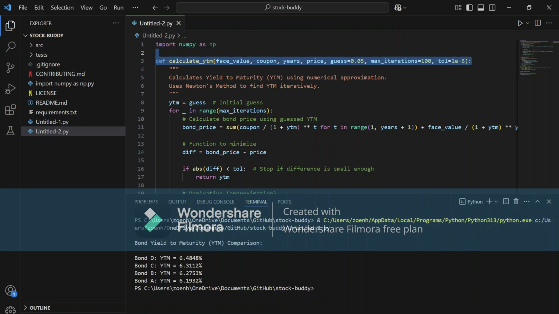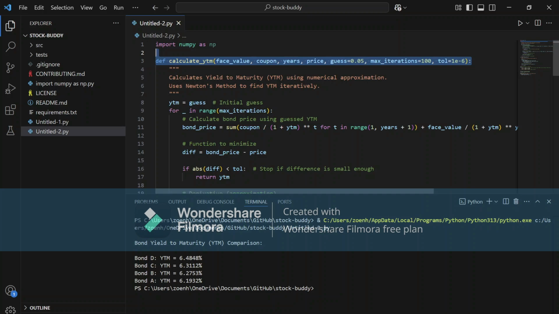Max iterations equals 100. That pretty much means that this program will try 100 times to guess the YTM at tol 1e-6. This means the calculation stops if it's close to or less than 0.000001.